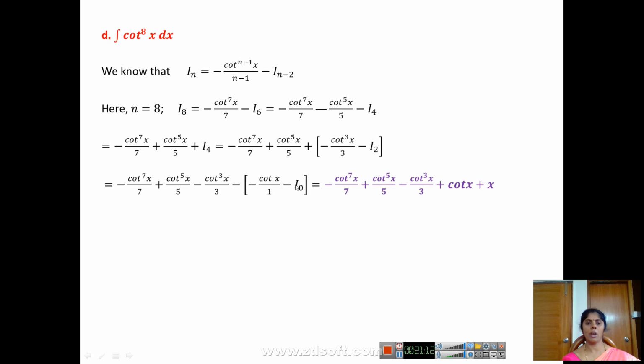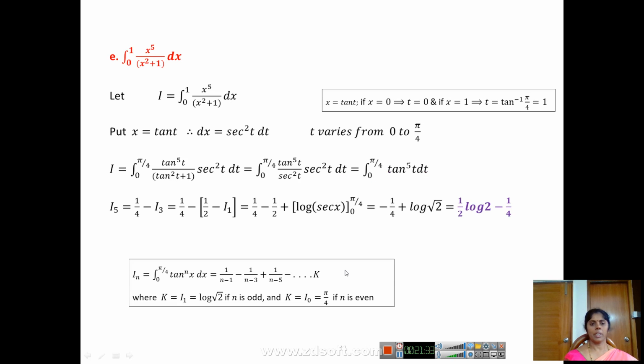Here I naught is the result as 1. So we can rewrite the result as minus cot to the power 7 of x by 7 plus cot to the power 5 of x by 5 minus cot to the power 3 of x by 3 plus cot x plus x.